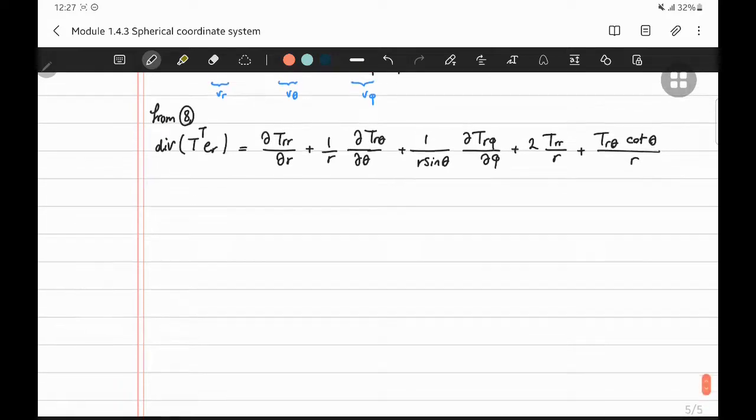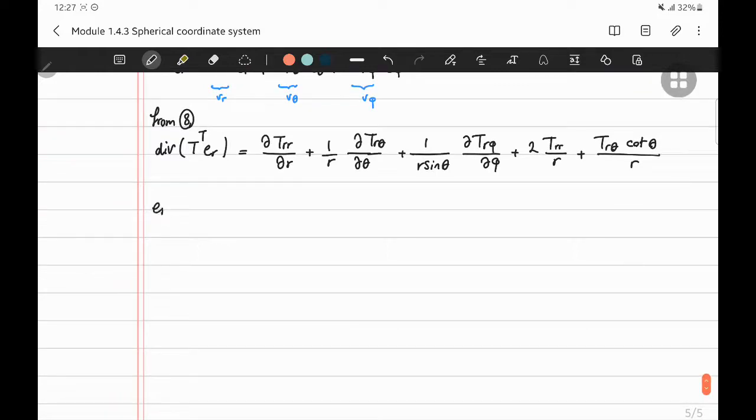So next we have E_R. So I have 1 E_R plus 0 E theta plus 0 E phi. And again here we have something like this is V_R, V theta, and this is V phi.